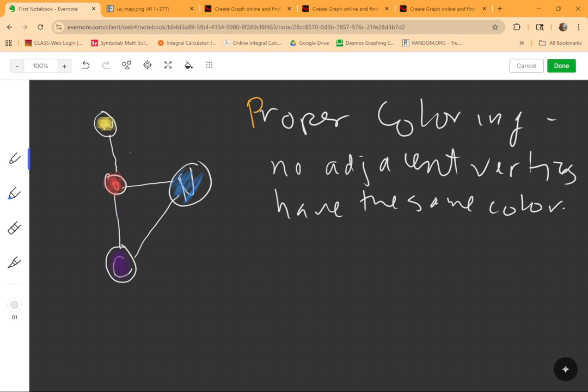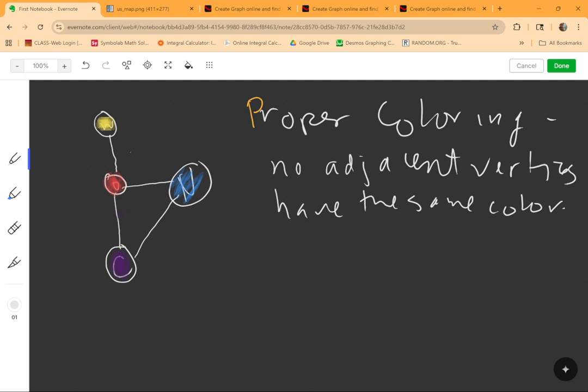Okay, that is what a proper coloring is. Now, every graph will have a coloring; you can just choose a color. The worst case scenario is that you just use a different color for each vertex, and that is a coloring of a graph.